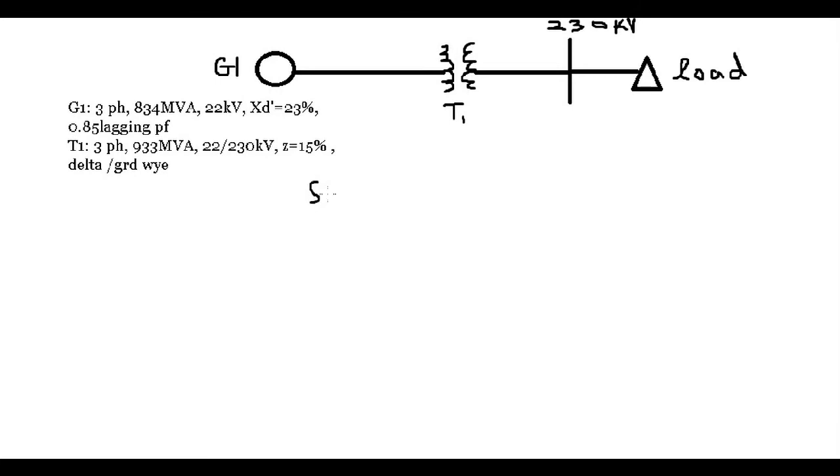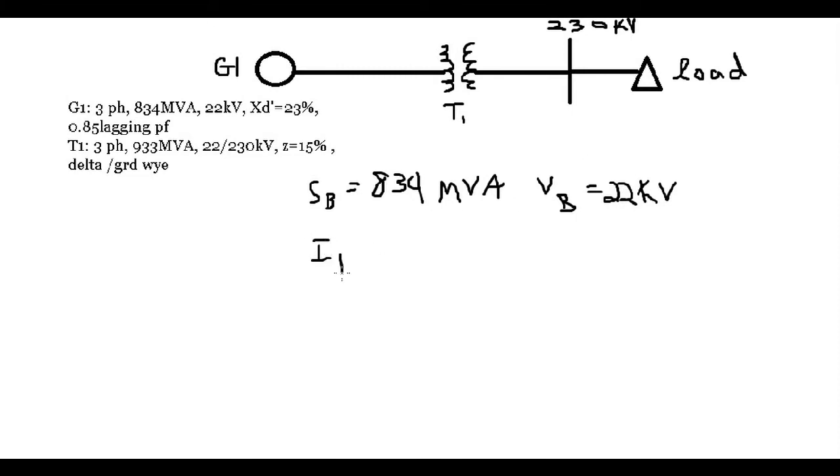We'll select a S base, power base. So S base is equal to the generator three-phase power, 834 MVA. Okay, V base is equal to 22 kV, or the primary side voltage line to line.